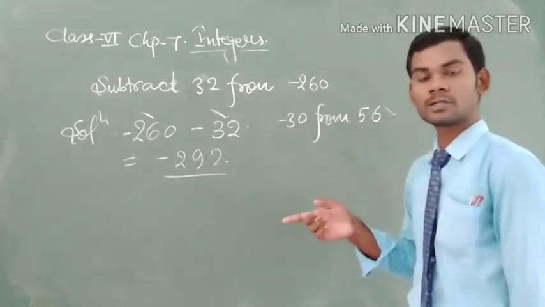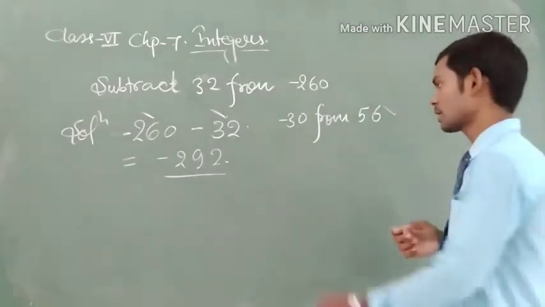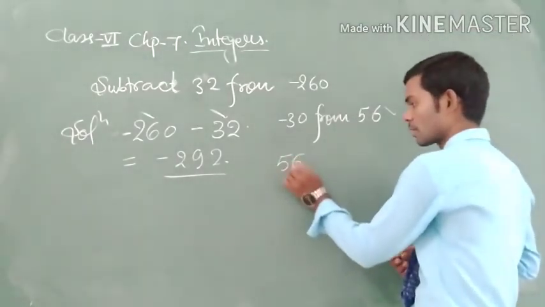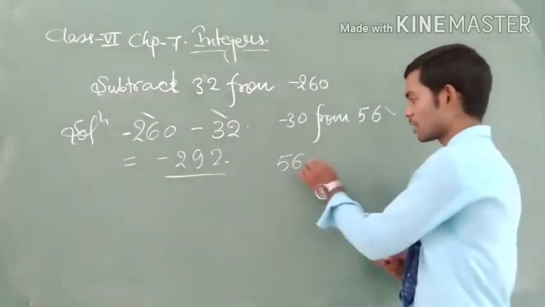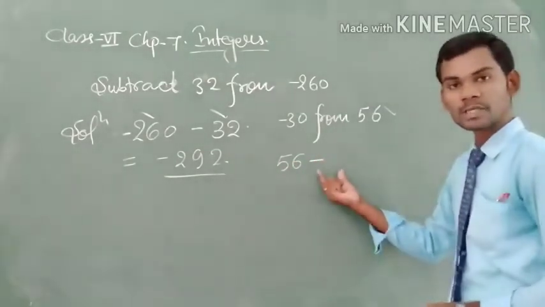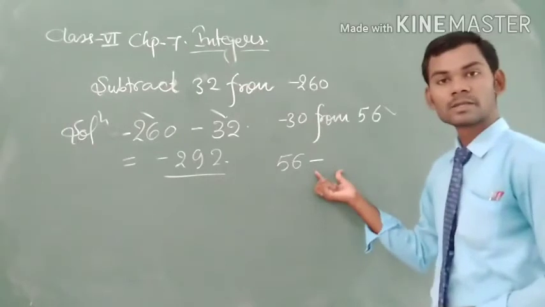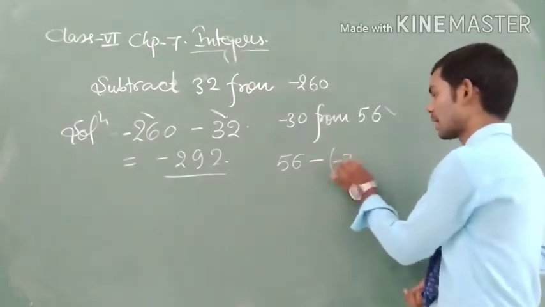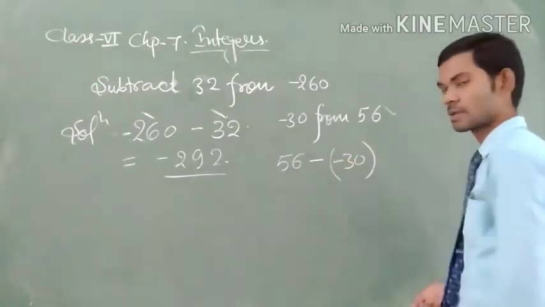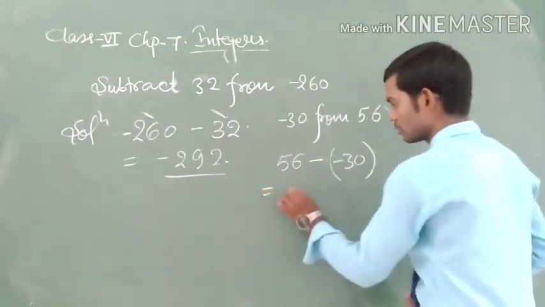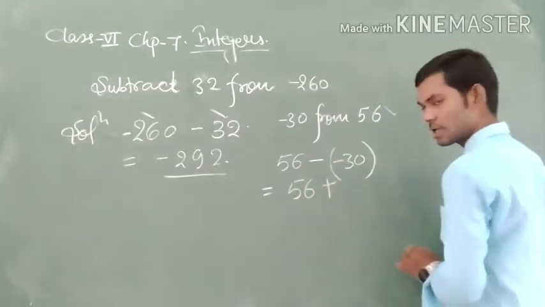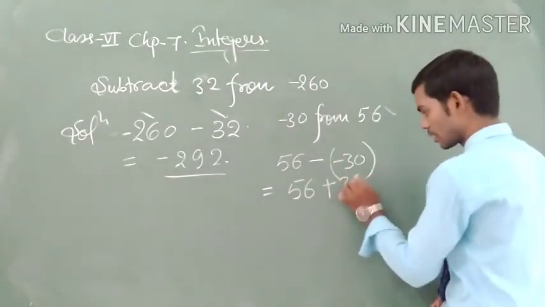So, in order to solve this question, first of all we write 56 and we give here minus, which means that we are subtracting, and what are we subtracting? Minus 30. And this is equal to 56 minus and minus become plus, and this is 30.